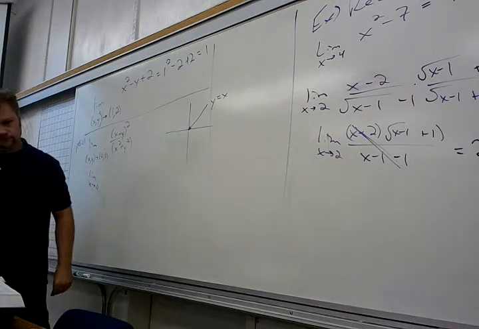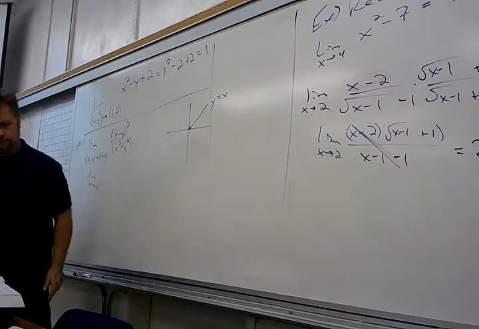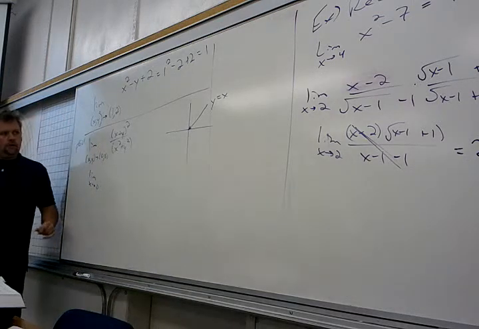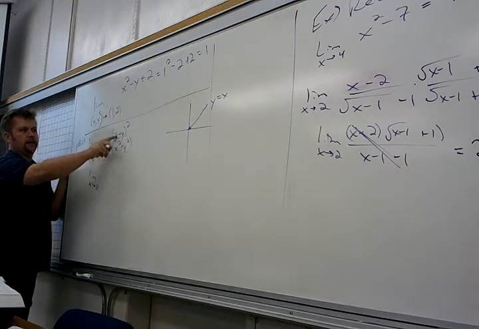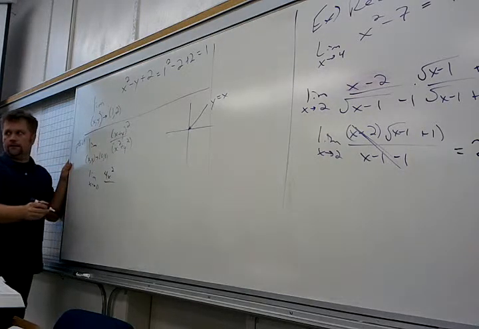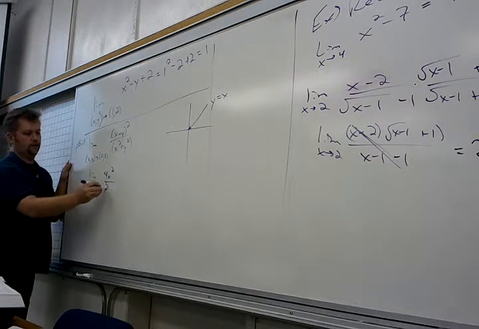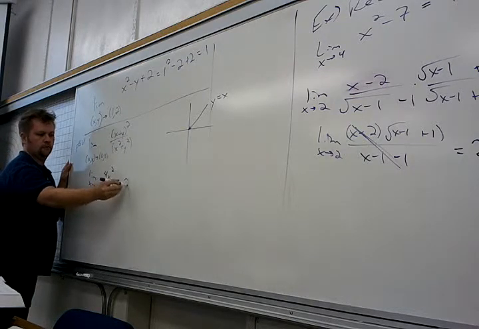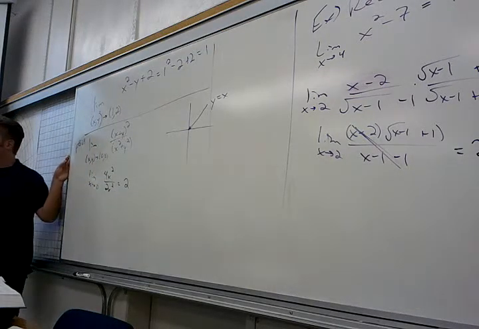Is that 4x squared over 2x squared? Now let's see what we get. x squared plus x squared is 2x squared, squared is 4x squared on the top, over 2x squared, which is 2, because the x squareds go away.